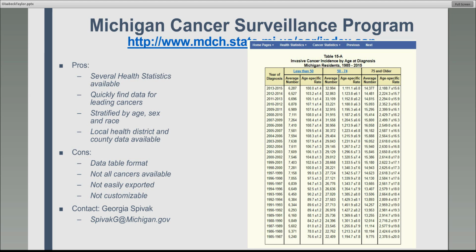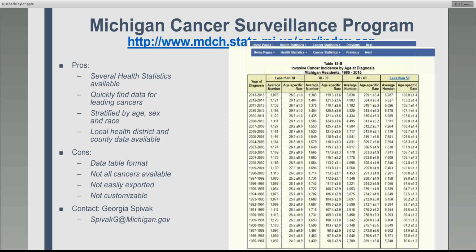If you wanted to look at a smaller age bracket, you can click on those blue hyperlinks and see a more broken down age category. So if you click there, you can go in and see some of these other age groups.